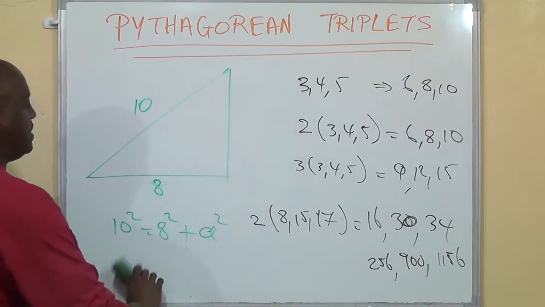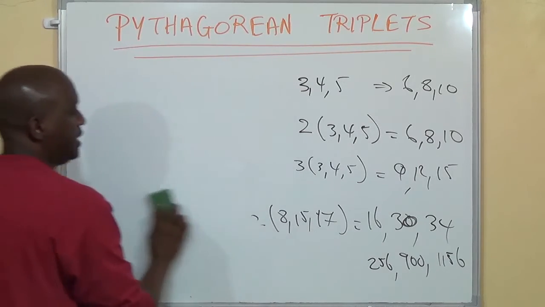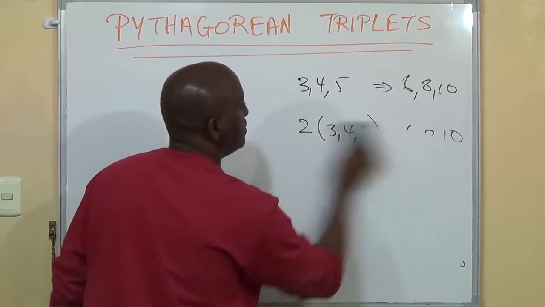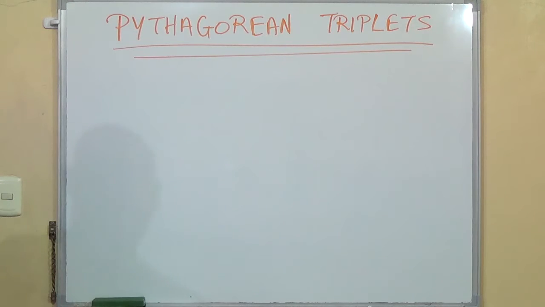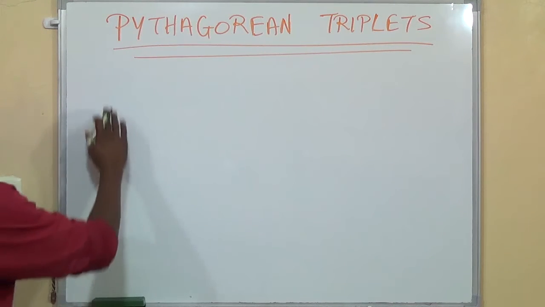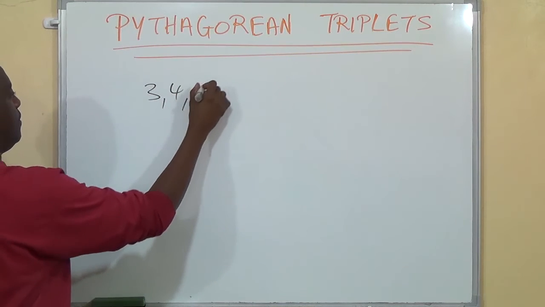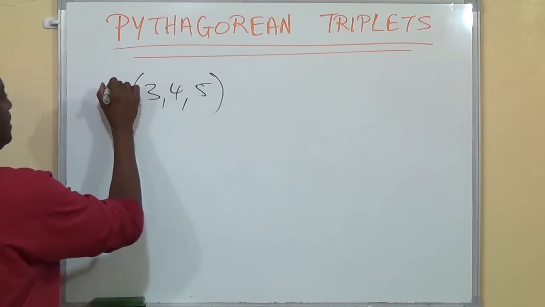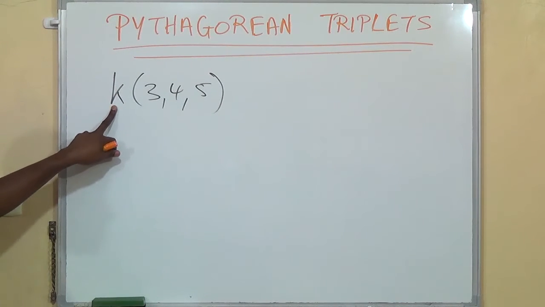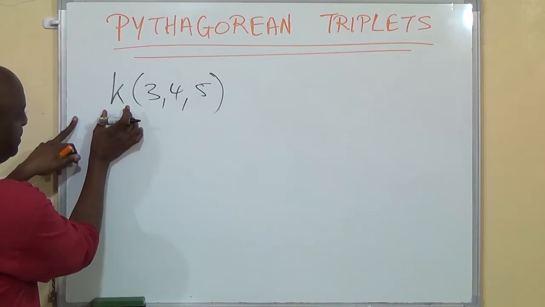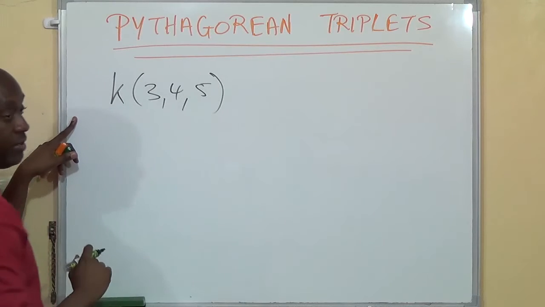So to wind up this video, we're going to present a few of the Pythagorean triplets. Alright? So one triplet, the very first one, which most people would meet, would be 3, 4, 5, and we put a k on the outside. This tells us that we can multiply any constant, any positive integer k, by 3, 4, 5.